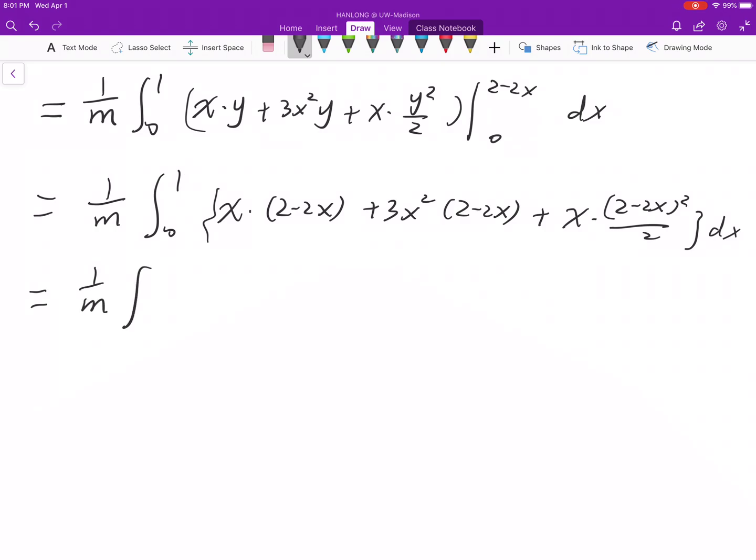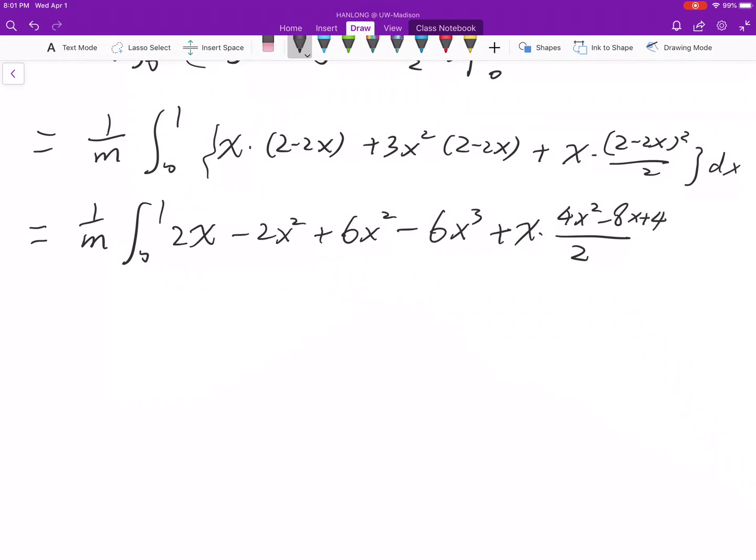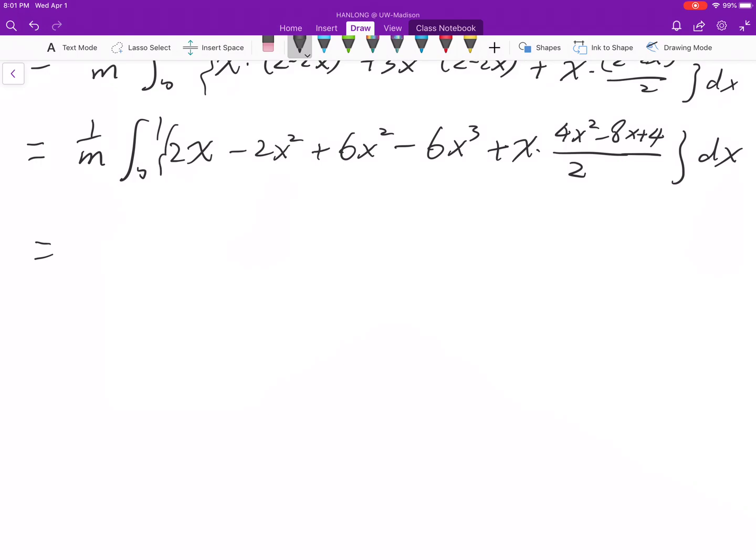Inside we use the distribution law: 2x minus 2x squared plus 6x squared minus 6x cubed plus x times 2, 4x squared minus 8x plus 4, dx. And remember, m is 8 over 3, so 1 over m is 3 over 8.